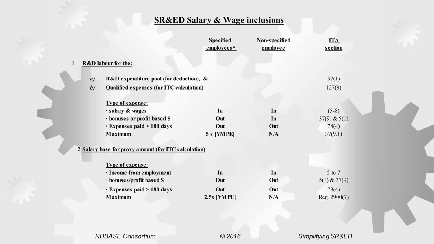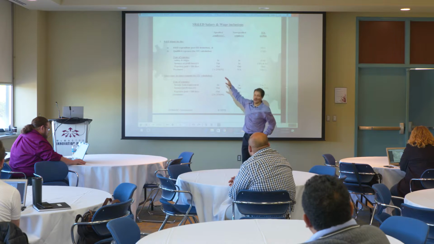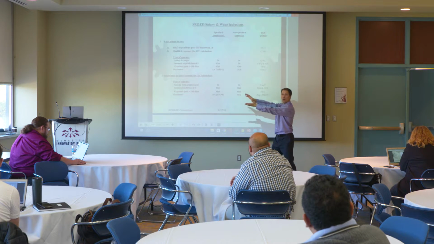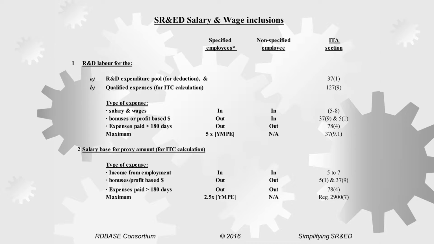Okay? So the rules go as follows. If I'm a specified employee, there's two levels. There's the wages that I claim, and then there's another calculation called the salary base that I multiply now by 55% to get my overhead allocation. That's called the proxy amount, right? So if I'm a specified employee, the maximum amount I can claim as wages for each year is 5 times yearly maximum pensionable earnings.